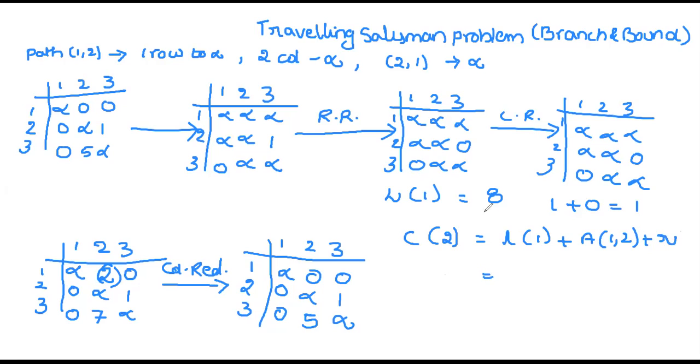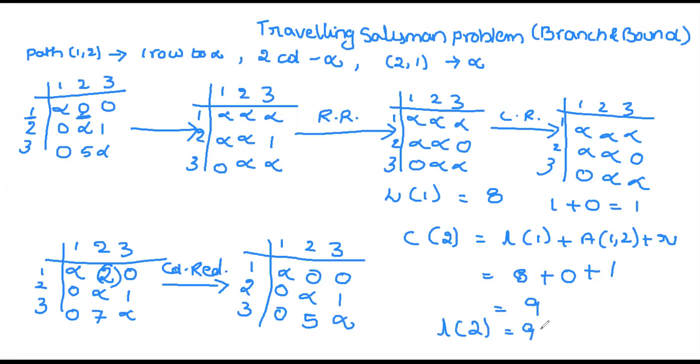So here the lower bound of 1 is equal to 8 plus A of 1 comma 2, which is 0. Then the total reduction becomes 1. So the cost of 2 is equal to 9. That will be the lower bound of 2.